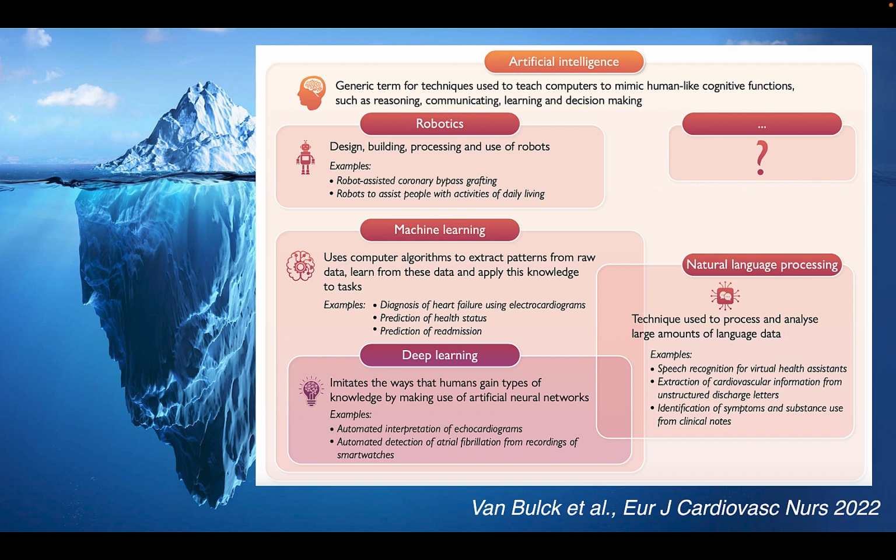Artificial intelligence is a broad term to cover different techniques to teach computers to mimic human-like cognitive functions. There are different branches within artificial intelligence, and they are not mutually exclusive. There is some overlap between them. Branches like robotics, machine learning, deep learning, you have heard about that before. But this is not what we are talking about when talking about unstructured information.